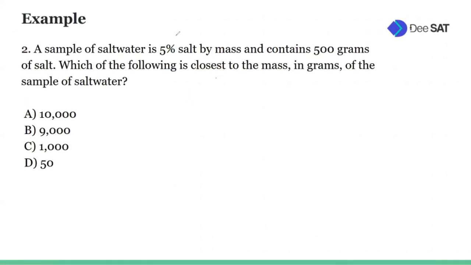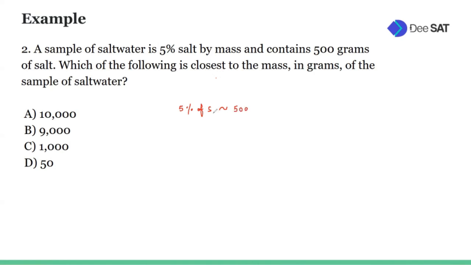Question number 2 says a sample of salt water is 5% salt by mass and contains 500 grams of salt. Which of the following is closest to the mass in grams of the sample of salt water? If I consider the whole thing as S, then 5% of S should be equivalent to 500. I'm using regression, which gives me 500.